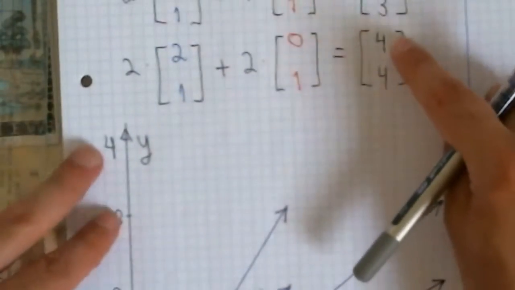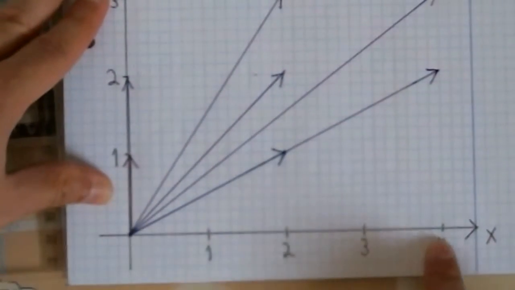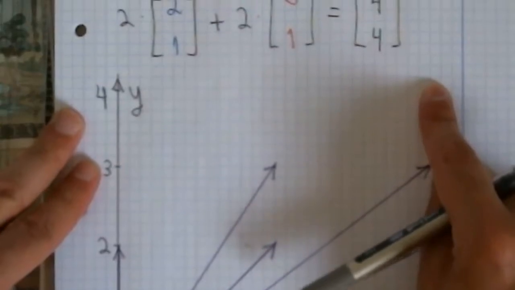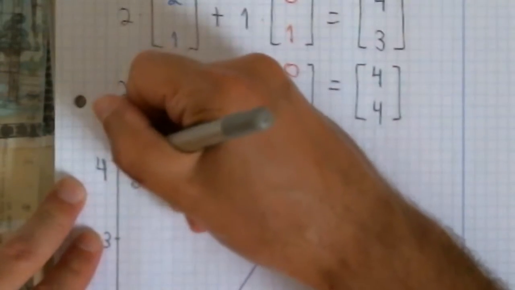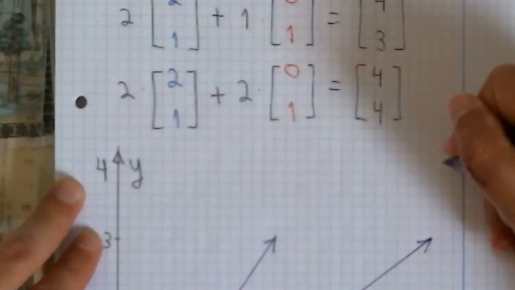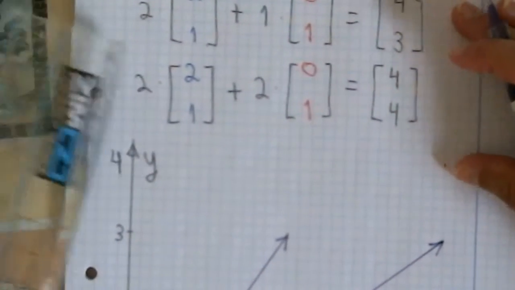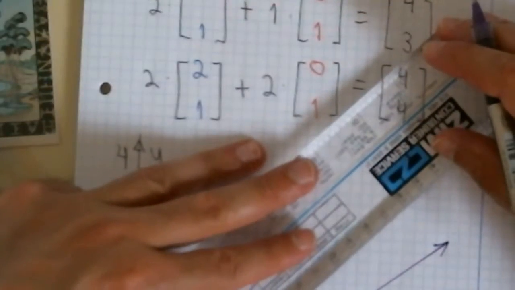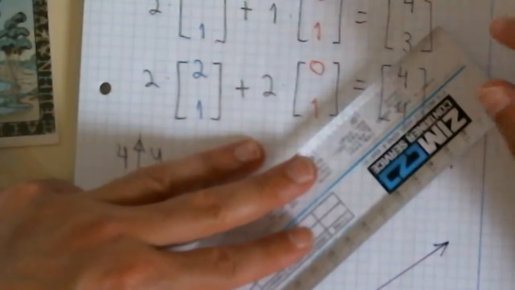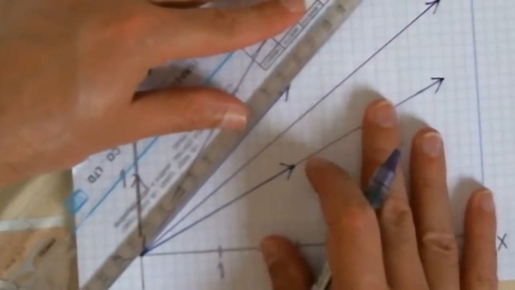And lastly, 4 and 4, which is 4 to the side and 4 upwards, we get to be here. It's like continuing the 2 by 2 vector that we had before.